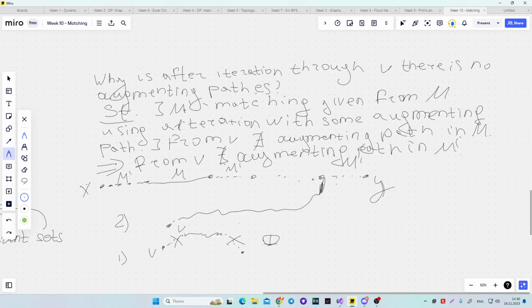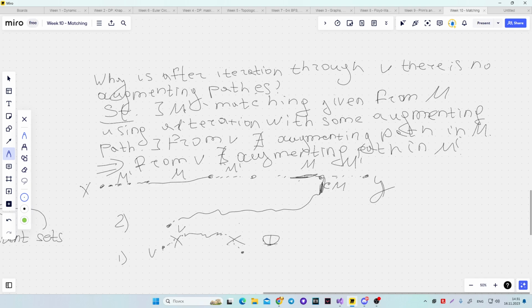So if it's in M, we get vertices that have common edges, so this doesn't exist.